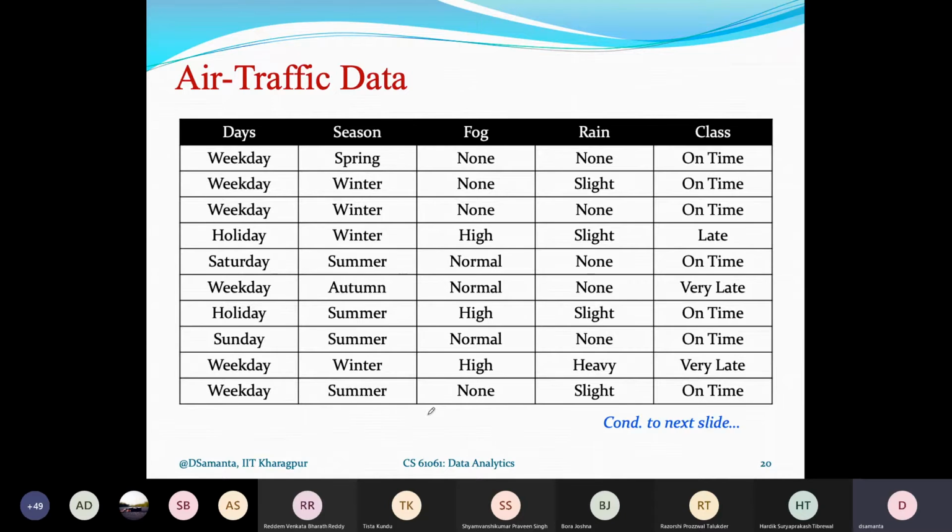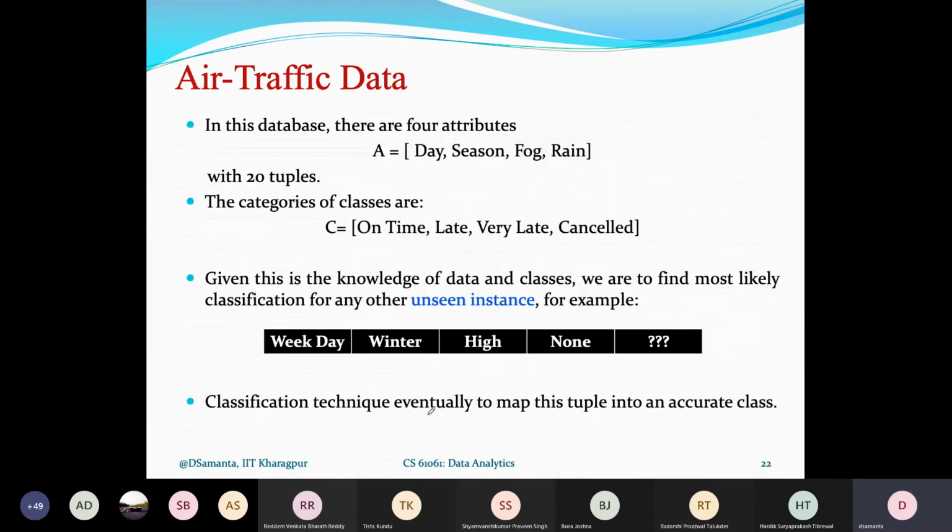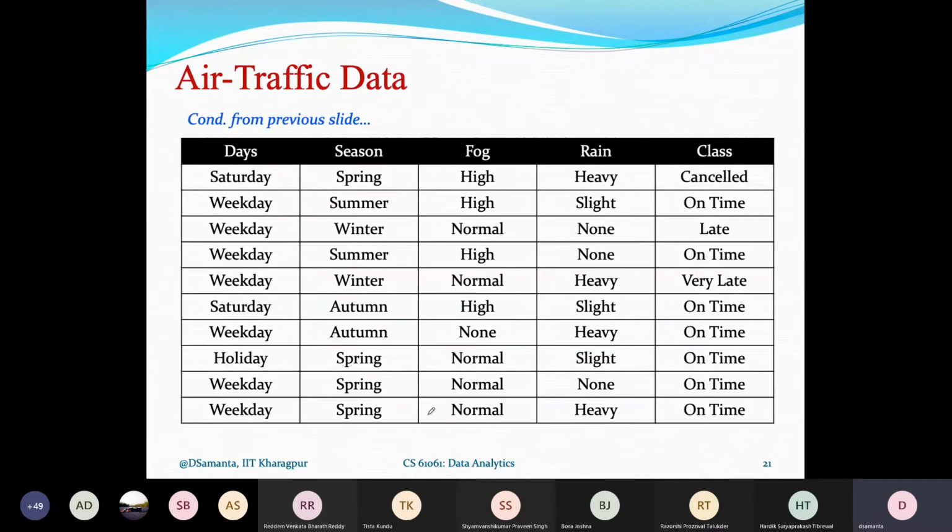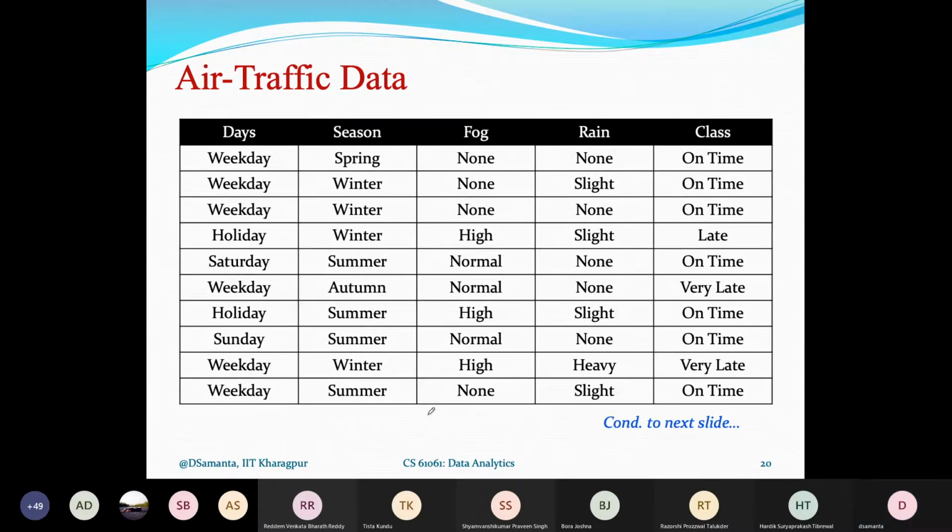As you see, days has four different values: weekday, holiday, Saturday, Sunday. Season has different values: spring, winter, summer, autumn.